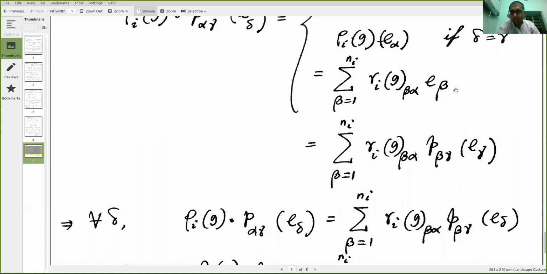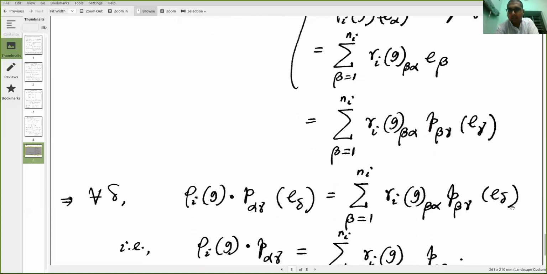So these are my matrix coefficients, and using that, if we form the combination accordingly, we get this. And then we also should recall what E beta is. E beta is nothing but P beta gamma of E gamma.